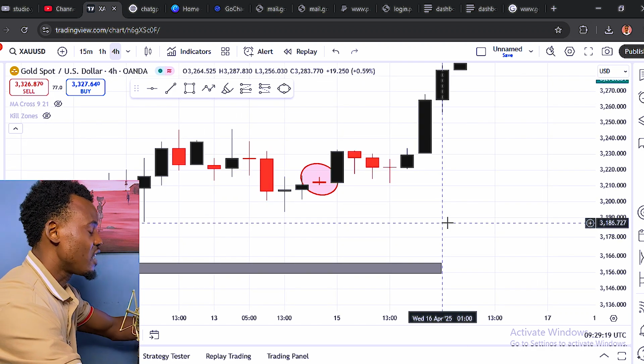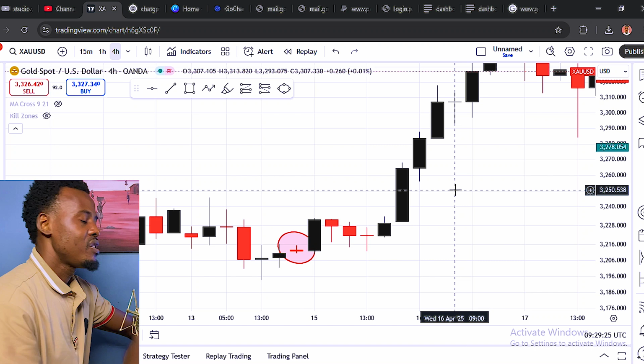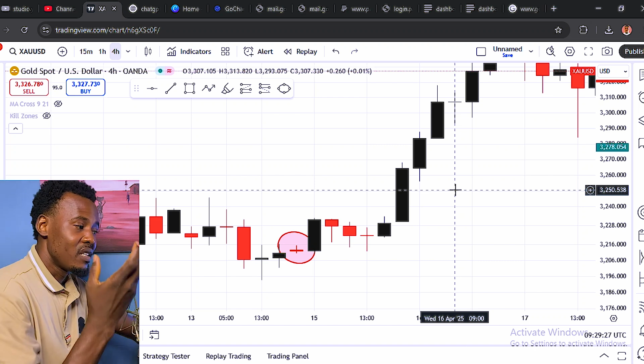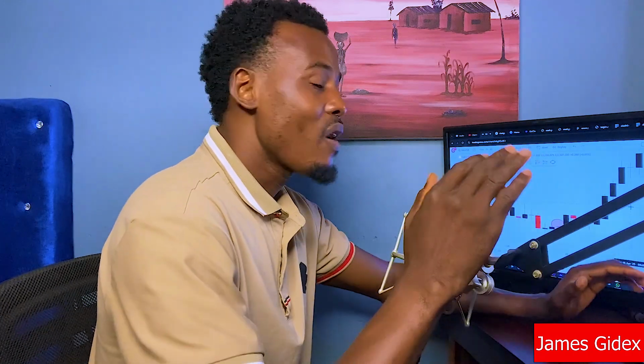Buyers get into the market massively and push the price back up. Each candlestick is a battle between the buyers and the sellers. Sellers are trying to push the price down, while the buyers are fighting to push the price back up. Whoever wins, the deal goes their way.